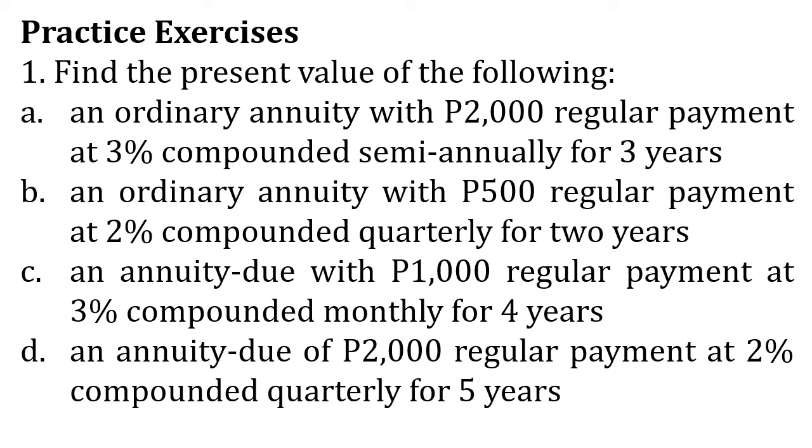C, an annuity-due with 1,000 pesos regular payment at 3% compounded monthly for 4 years. Letter D, an annuity-due of 2,000 pesos regular payment at 2% compounded quarterly for 5 years. For A and B, you will be using the formula for the ordinary annuity. For C and D, you will be using the formula for the present value of an annuity-due.